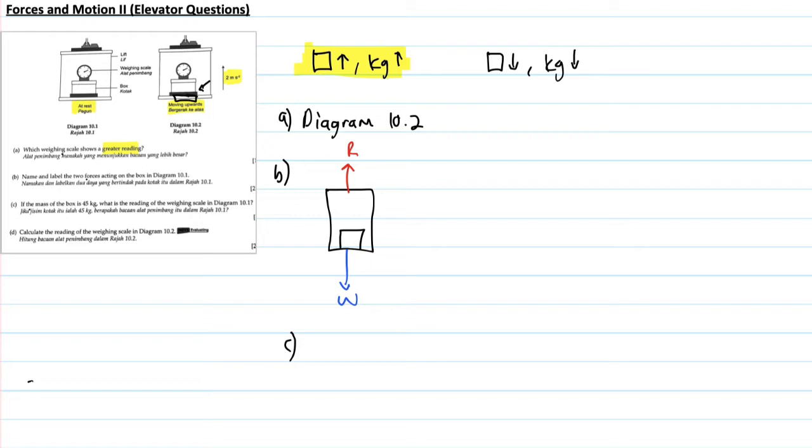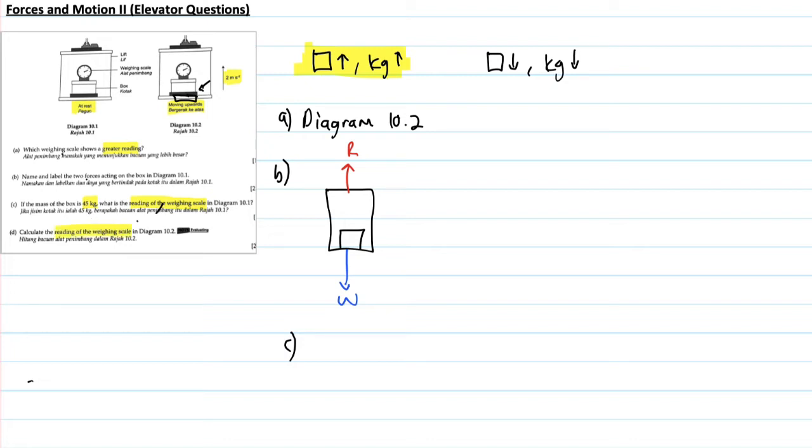In question C, they say if the mass of the box is 45 kgs, what is the reading of the weighing scale in diagram 10.1? We have to tackle this question in a few different ways. First, we need to understand what they mean by reading on the weighing scale. In question D as well, they say calculate the reading on the weighing scale.